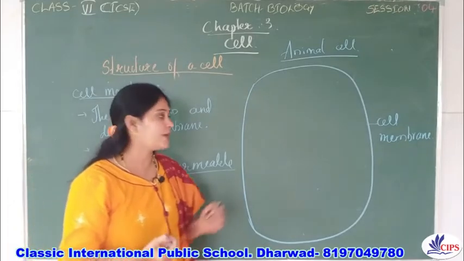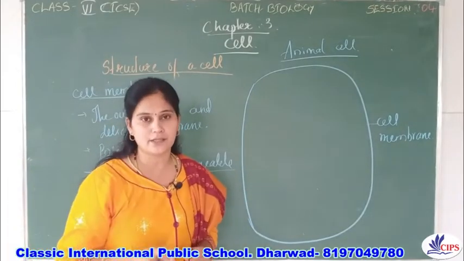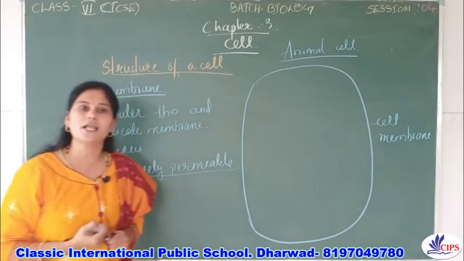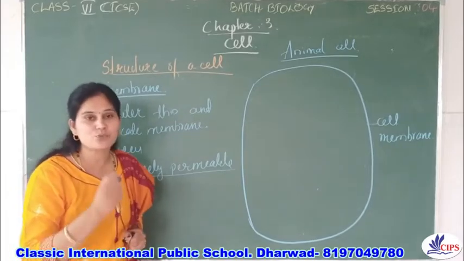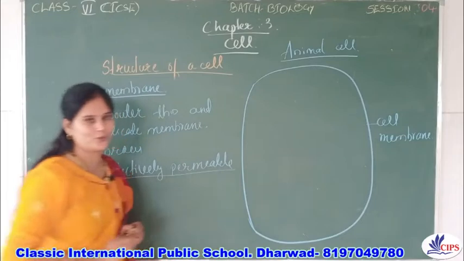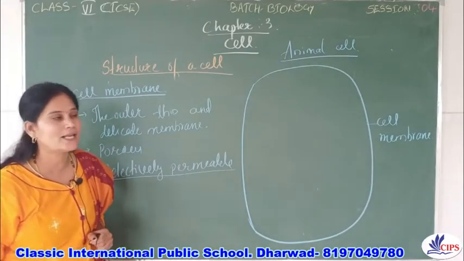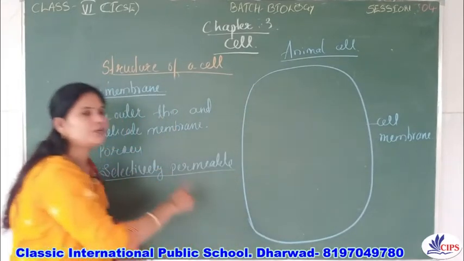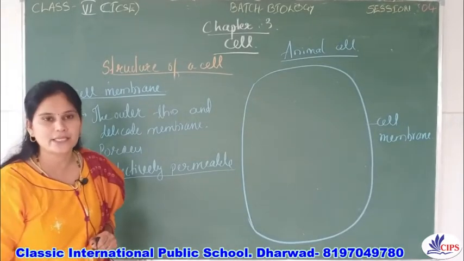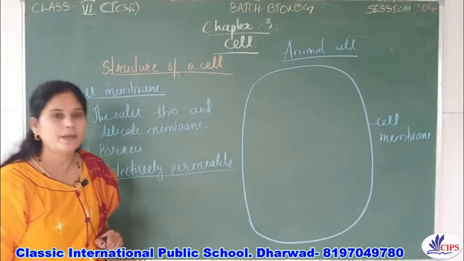In the same way, the cell also selects those substances which are essential for the cell, and the substances which are harmful to the cell will be diffused out from the cell, and this cell membrane does this work. That's why the cell membrane is a selectively permeable membrane.